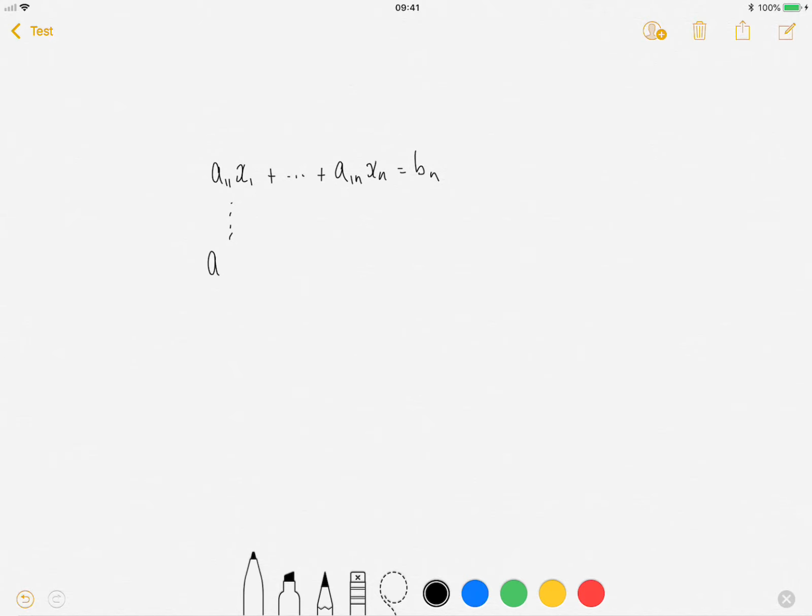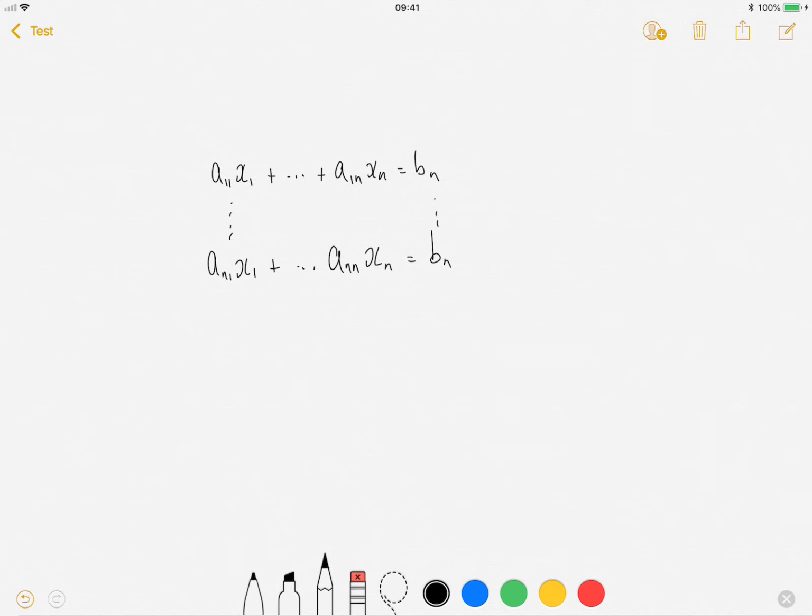There are n linear equations. Pay attention to the notation I'm using in our subscripts here. What do you think that I'm referring to when I say a n of n, what am I referring to?